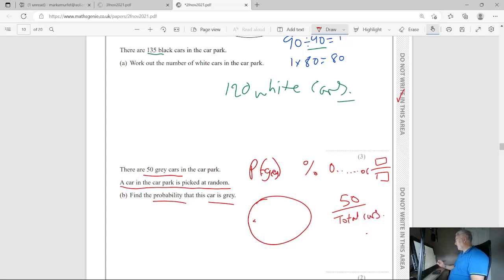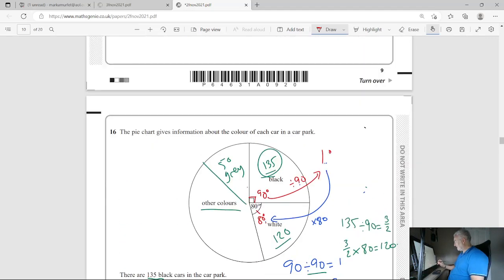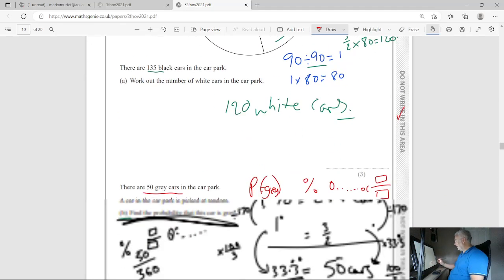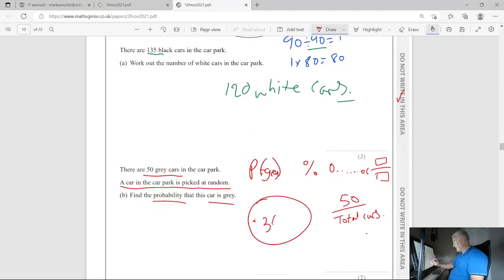Well, we did work out here that 1 degree equals 3/2 cars. We know that there are 360 degrees in a full turn or circle. So I'm going to do 3 halves.